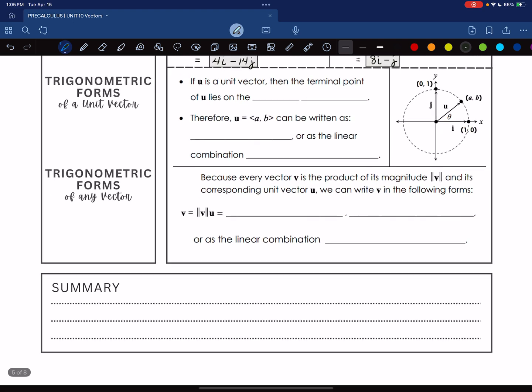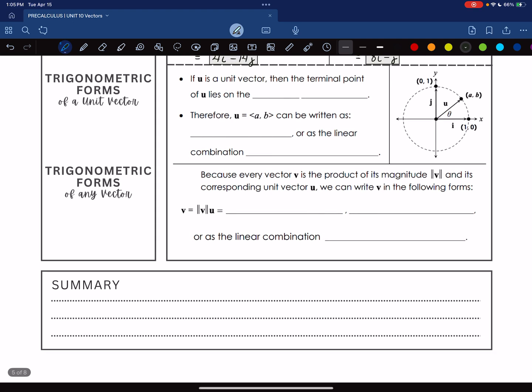And what I want to show you all here is now trigonometric forms of a unit vector, right? So kind of connecting what we've been studying throughout this year. If u is a unit vector, then the terminal point of u lies on the unit circle.